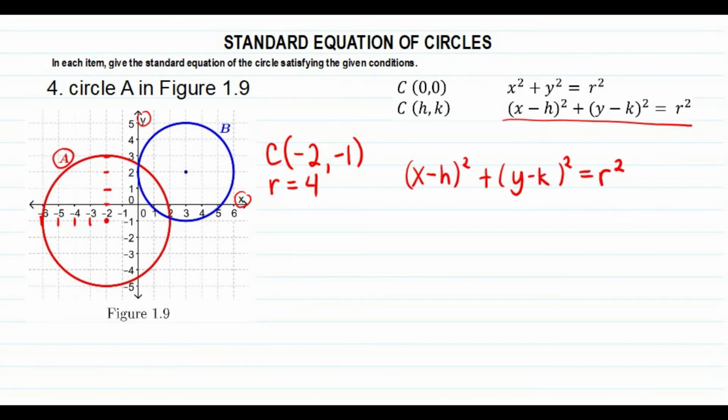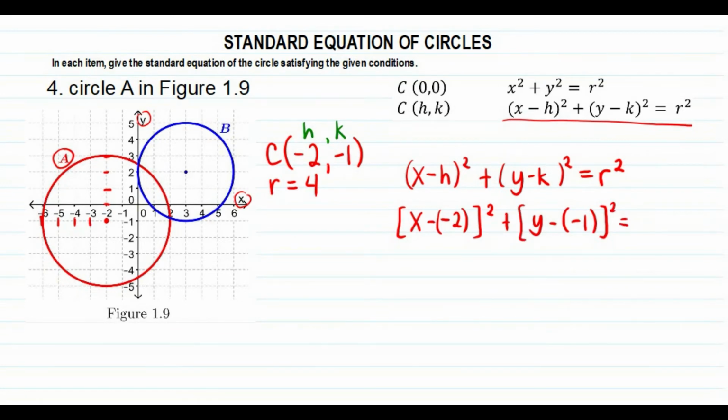Okay. What is the value of h? The value of h is at negative 2. So we have (x minus 2) squared plus (y minus 1) squared... Ay, hindi maganda yung aking parenthesis dun.